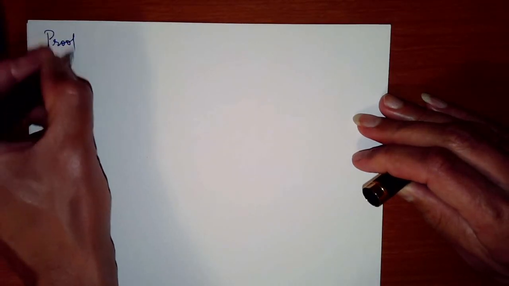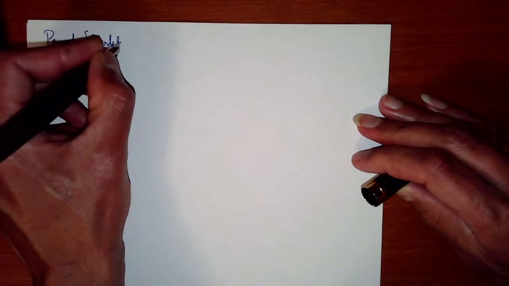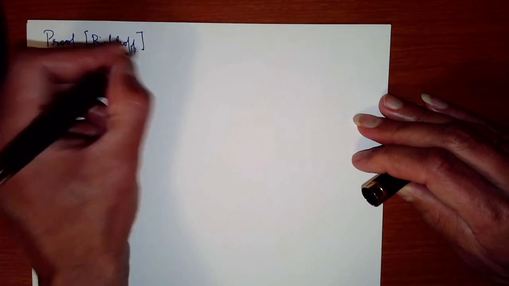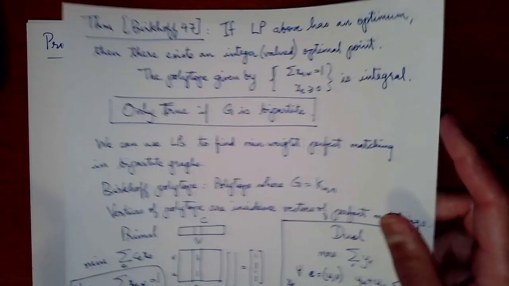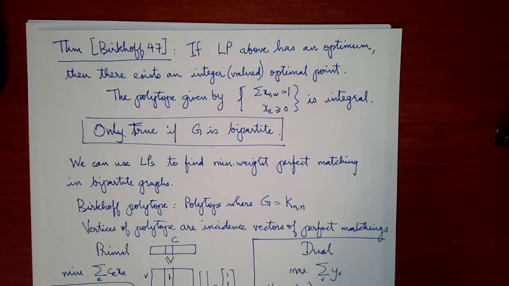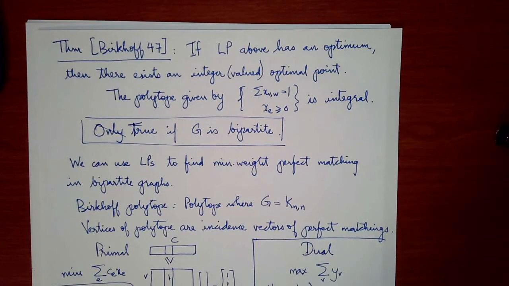So here's a proof of Birkhoff's theorem. Recall, Birkhoff's theorem said that if the LP that we gave in the beginning, and what is that LP?